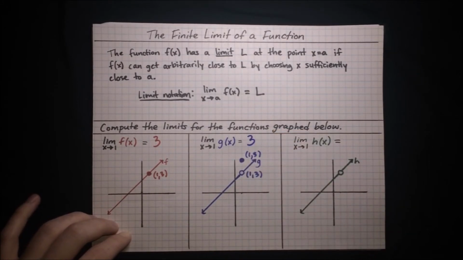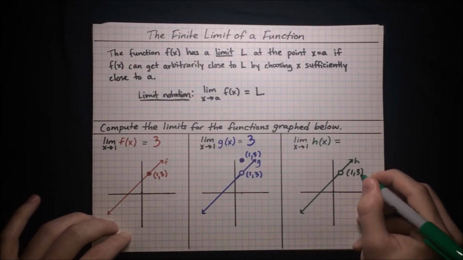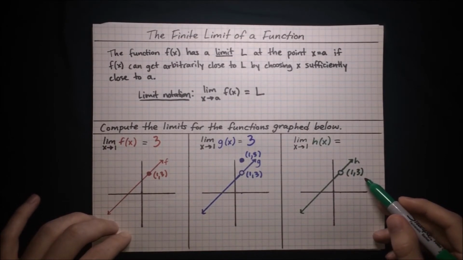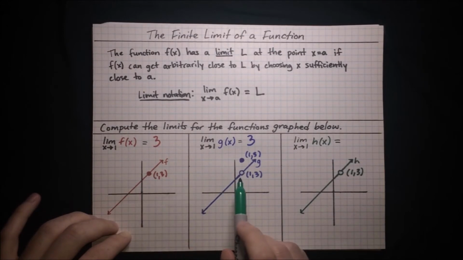Alright, and how about the last example? Limit as x approaches 1 of h of x equals what? Well, this is pretty similar to the previous examples. We've got a point (1, 3), but now the function actually isn't defined at (1, 3) at all. Previously, we had the function defined at (1, 3), and then we had an example where (1, 3) was removed, but then the function was defined at (1, 5).